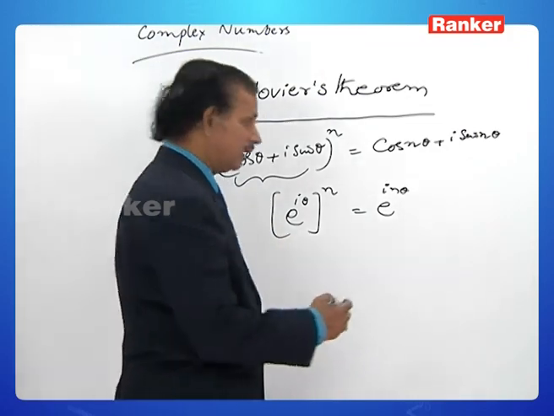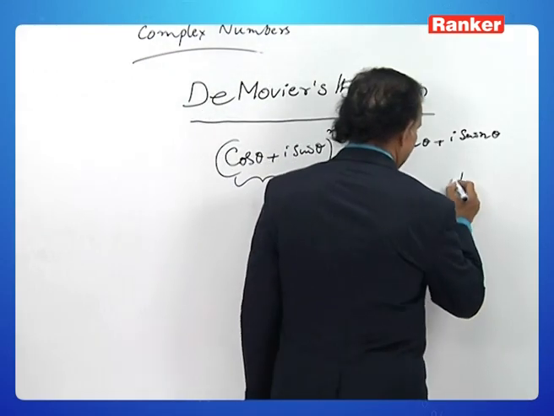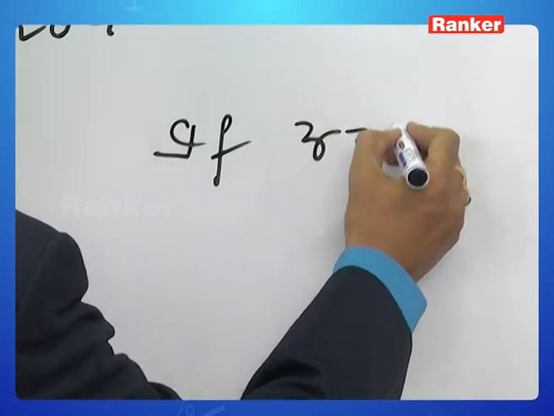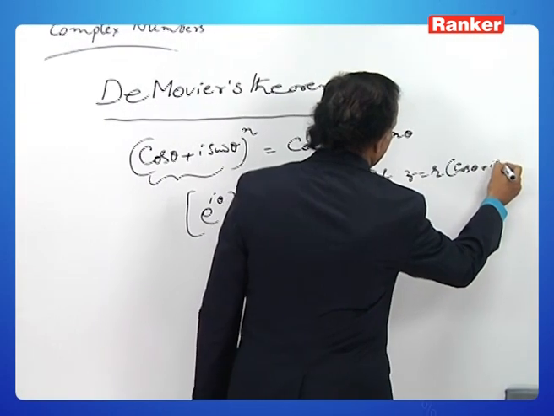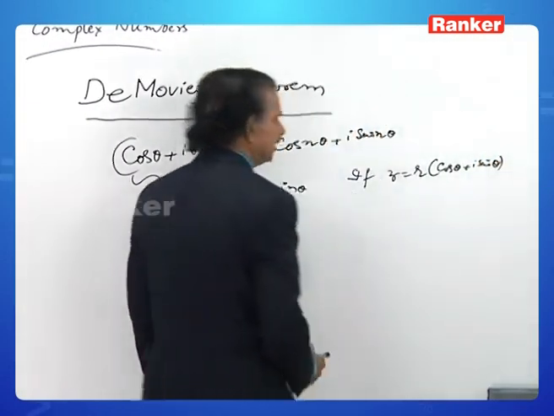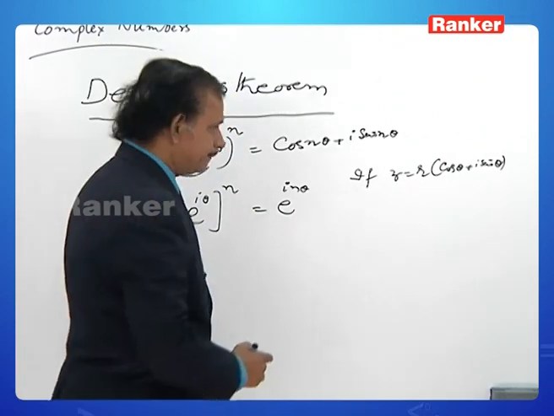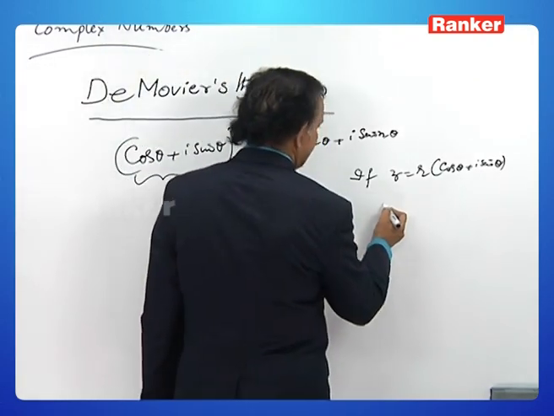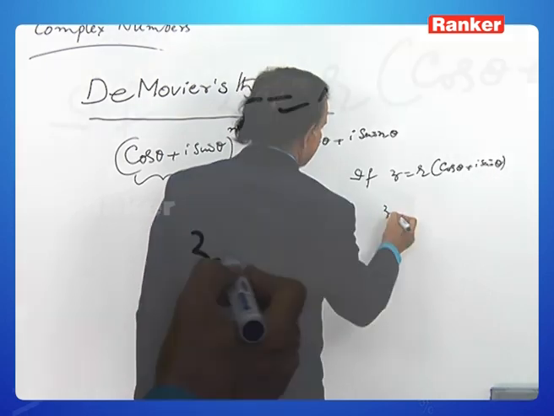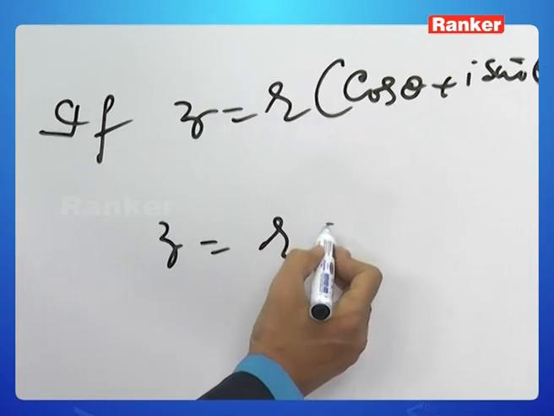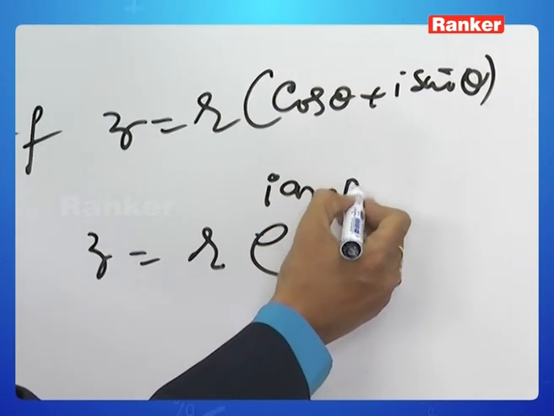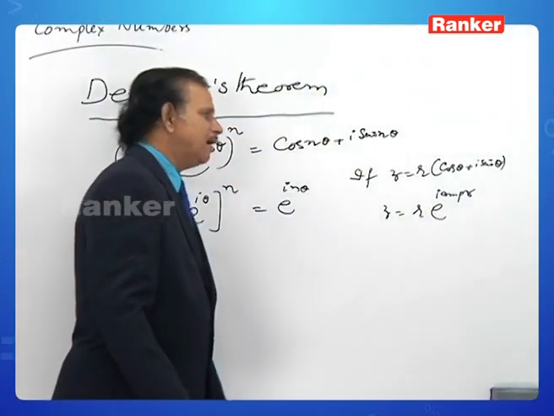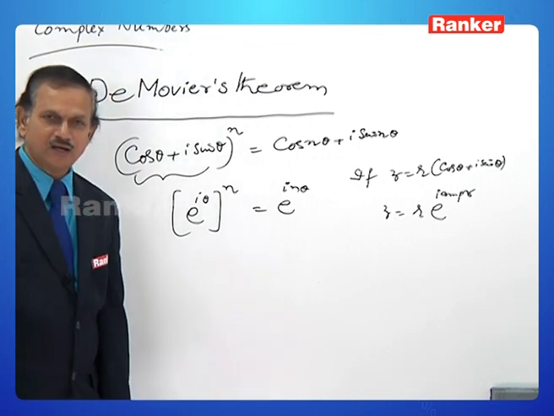Moreover, if z is equal to r into cos theta plus I sin theta, then this z can be written as z is equal to r into e power I into amplitude of z. Amplitude of z is nothing but theta.